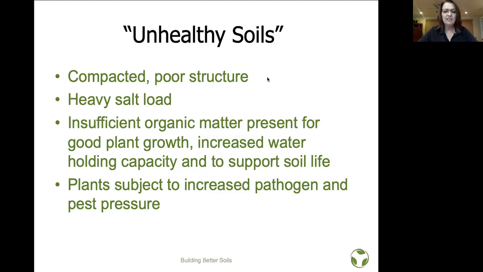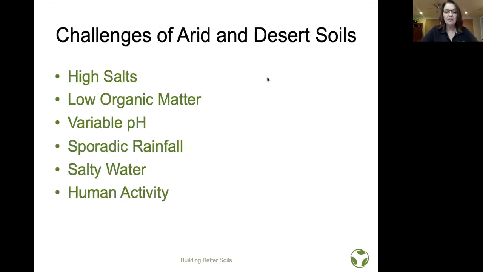That's one of the things we need to adjust in our soil. And as I said before, plants planted under these conditions are subject to increased pathogen and pest pressure.